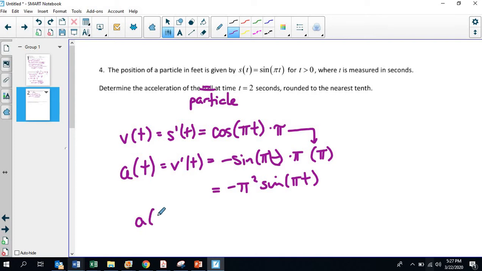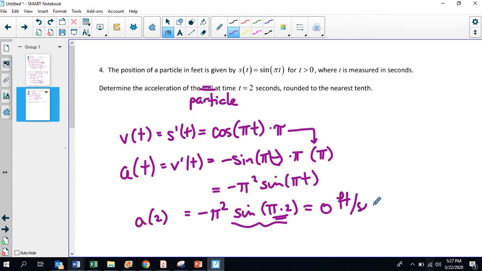So if you want to find the acceleration at time equal to 2, you get negative pi squared sine of pi times 2, but the sine of 2 pi is 0. So you get a 0 for the whole thing, but this is still feet per second squared. You need a unit when you're dealing with particle acceleration or velocity.